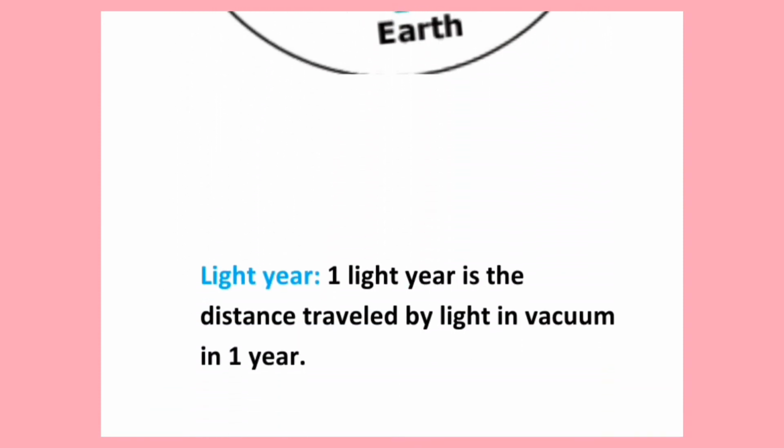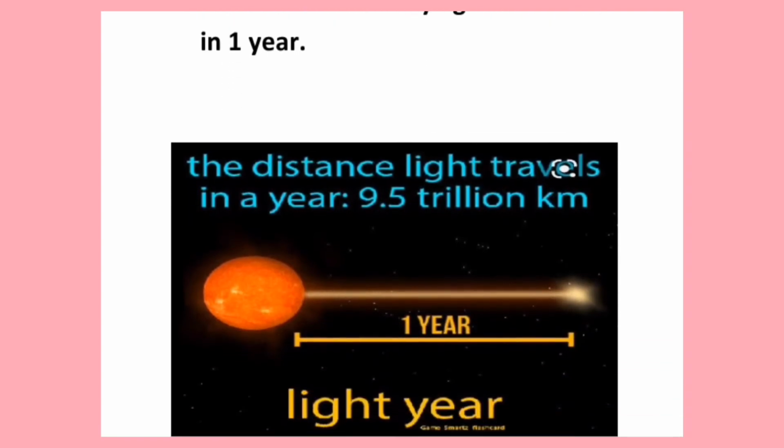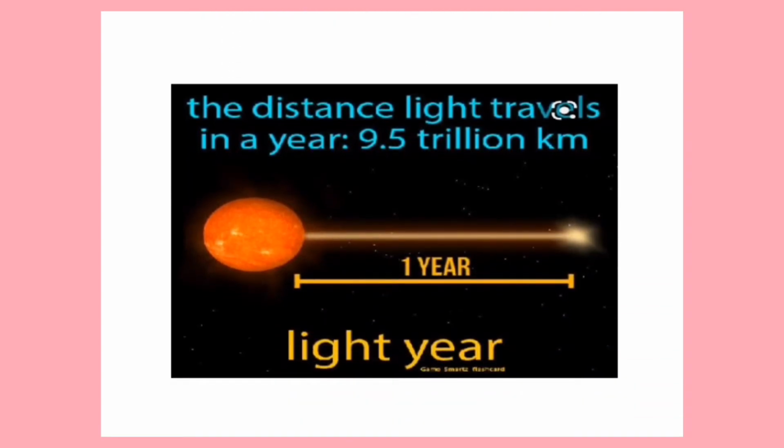As we move further, next is light years. 1 light year is the distance travelled by light in vacuum in 1 year. You can observe in this image the distance travelled by light in 1 year.